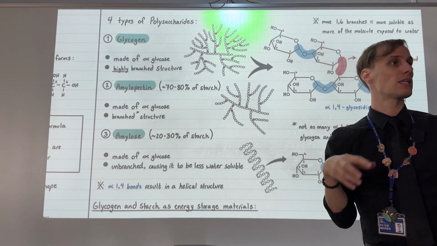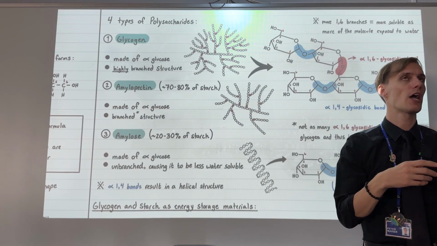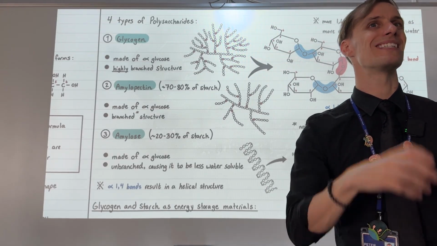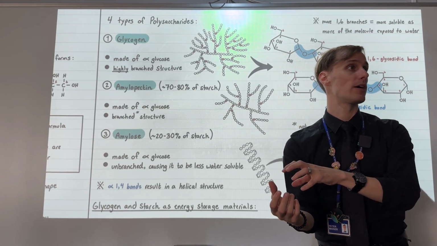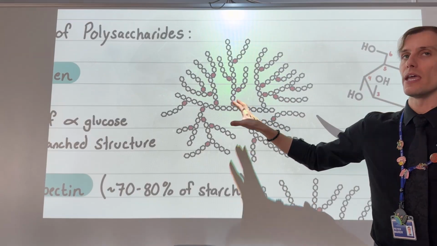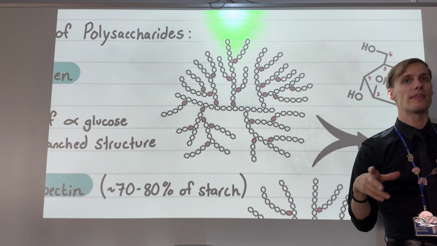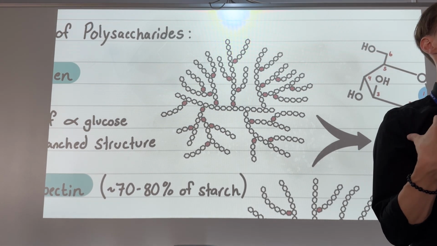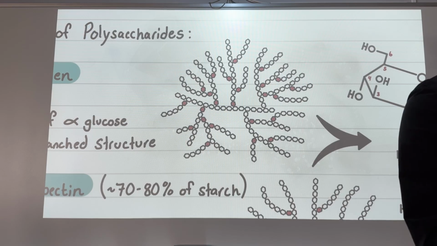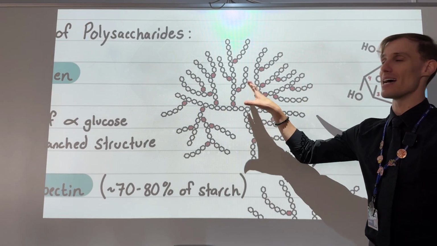Organisms like us and plants are not going to store a bunch of glucose as individual monomers. They're going to store them as polysaccharides. Glycogen is the polysaccharide that animals like us use. So all of our glucose is stored as a polysaccharide as glycogen.